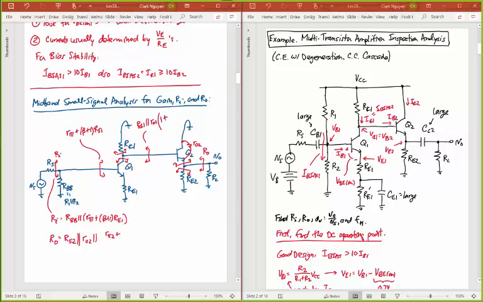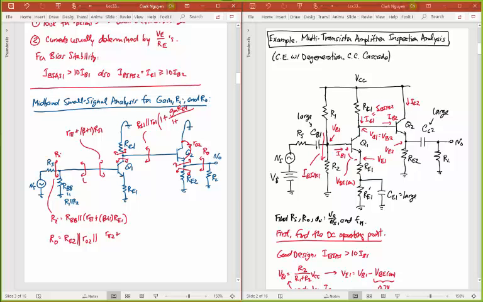So I'm going to have a 1 plus GM1 times RE4, divided by 1 plus whatever the resistance is looking this direction now from Q1.